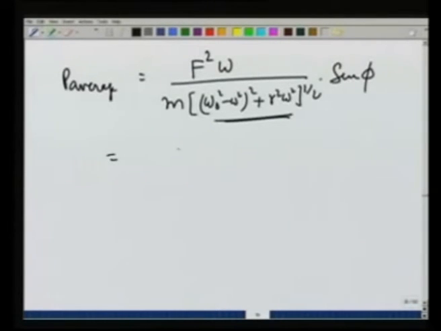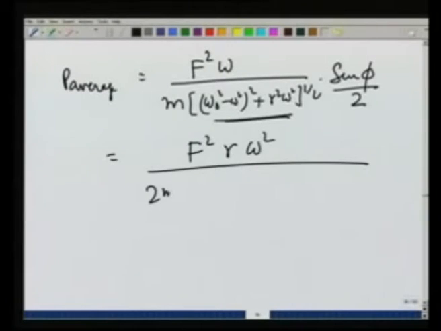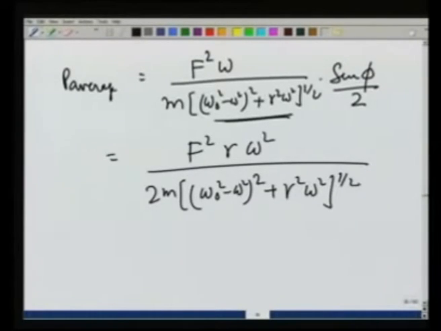Therefore, this comes out to be f square gamma omega square, with the 1/2 because of cosine square omega t being averaged, divided by 2m times omega naught square minus omega square plus gamma square omega square, which is exactly the same as we obtained earlier by calculating the power being lost.